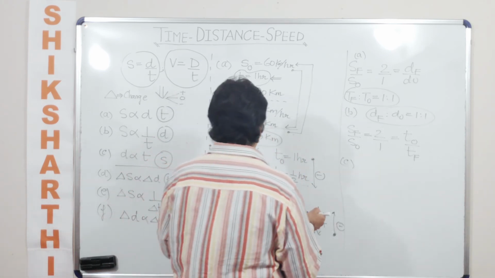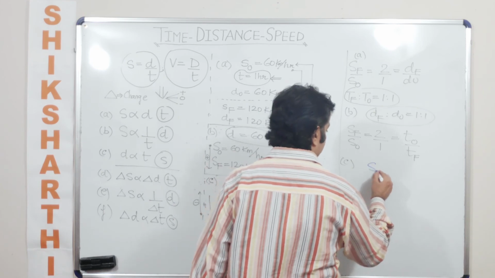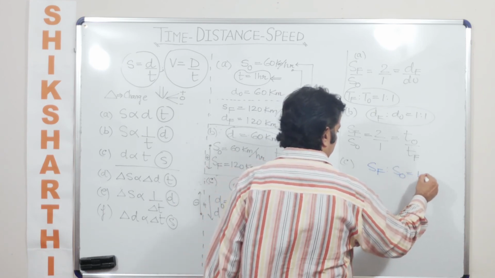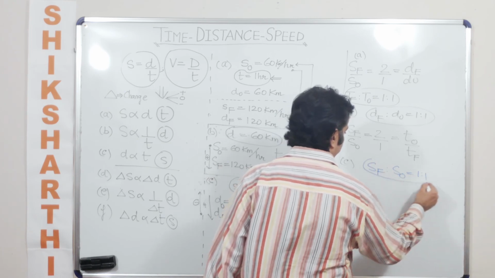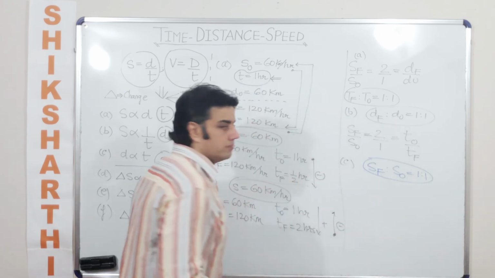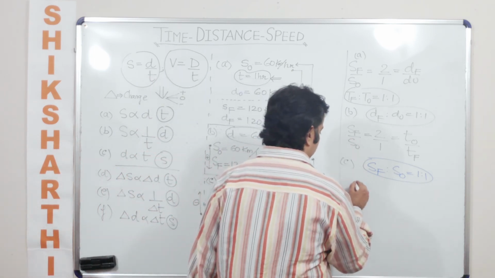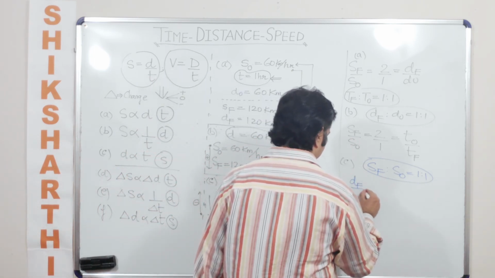Finally, now here we are talking about speed to be kept constant. So let's say if I am saying final speed is to original speed is equal to 1:1, and which is supposed to be kept constant. Right? Now in this case, what are you going to compare? You are going to compare the distance of travel and the time of travel.